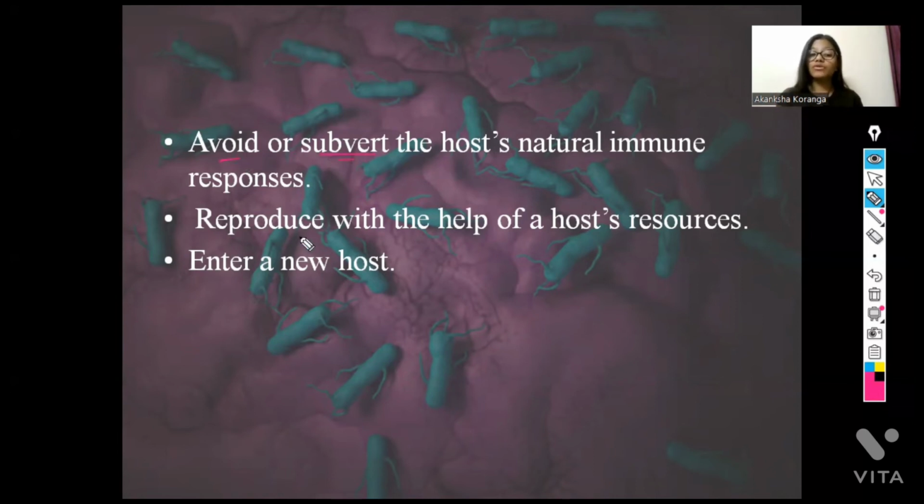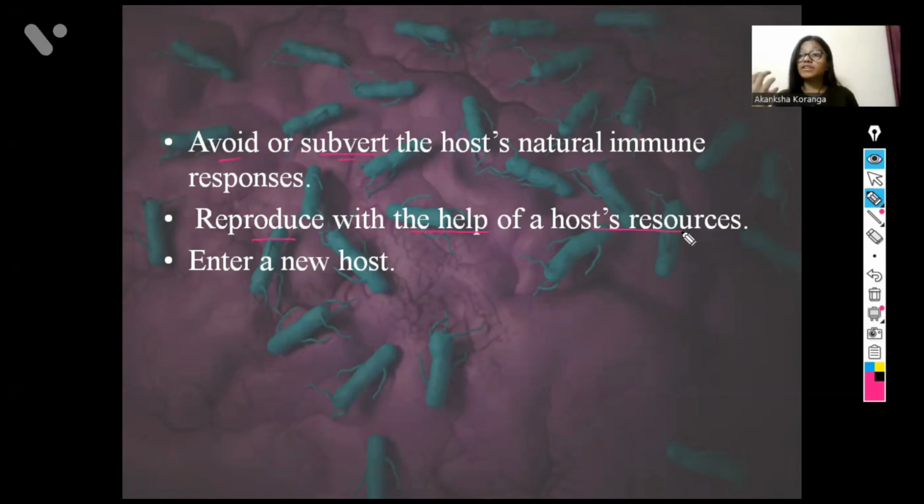Moving on to our fourth point, after this they reproduce with the help of human host resources. Why do they reproduce? Because they need to live in a colony. If they do not live in a colony, they will not be able to survive for a longer period of time. So for surviving and reproducing, they use up all the host resources.